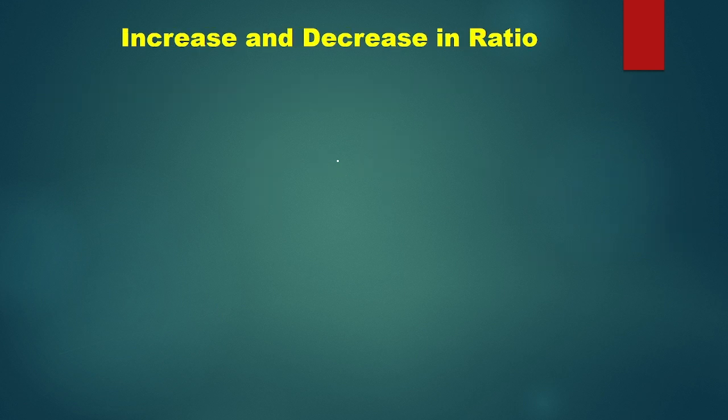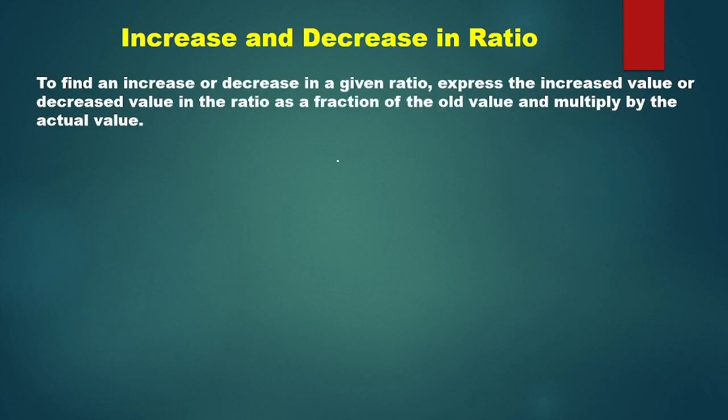Next, we're going to learn how to increase and decrease in ratio. To find an increase or decrease in a given ratio, express the increased value or the decreased value in the ratio as a fraction of the old value and multiply by the actual value. What this means is, if you are told to increase something in a given ratio or to decrease in a given ratio, the formula for a decrease is simply the decreased value.